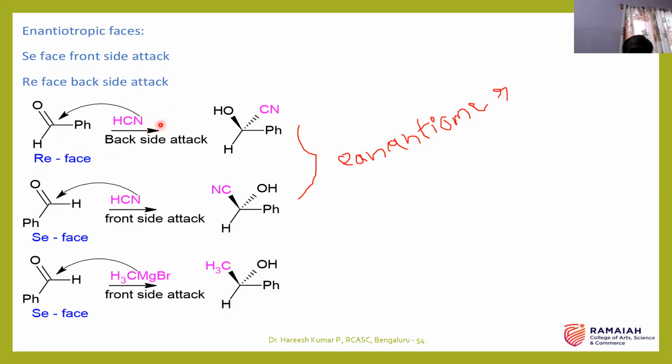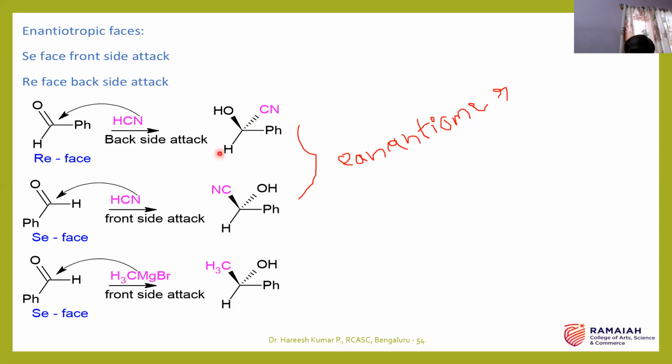So there is a possibility of attacking from the back side as well as the front side. If it is attacking from the back side, it will be away from the observer. That you need to remember. If the nucleophile is attacking from the front side, it is towards the observer. These two differences you have to remember.